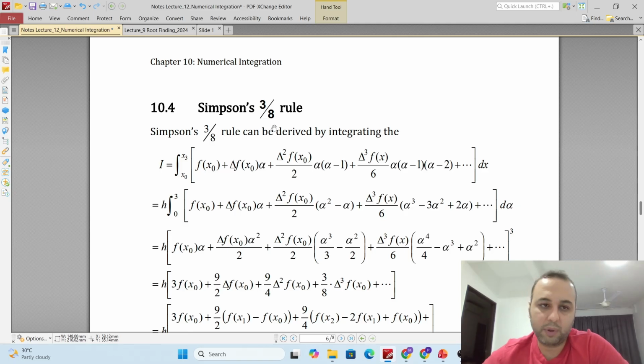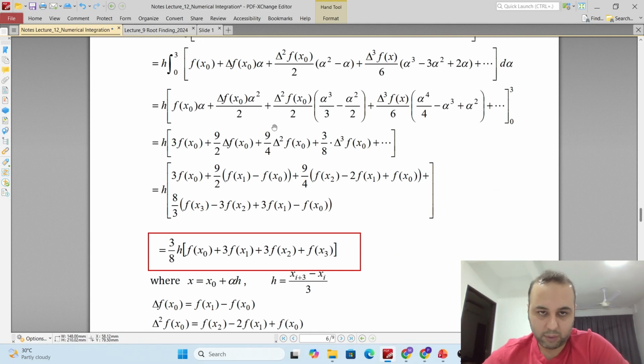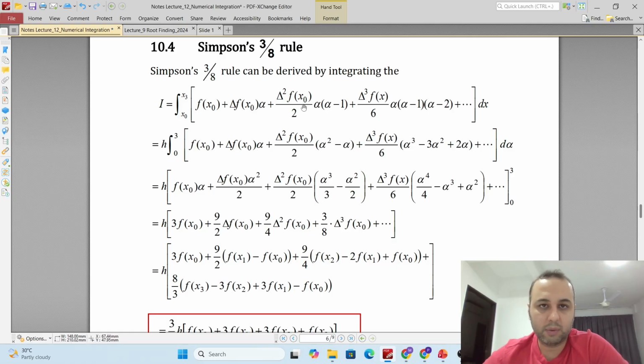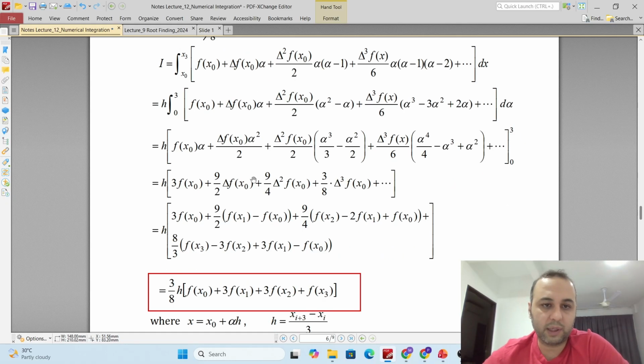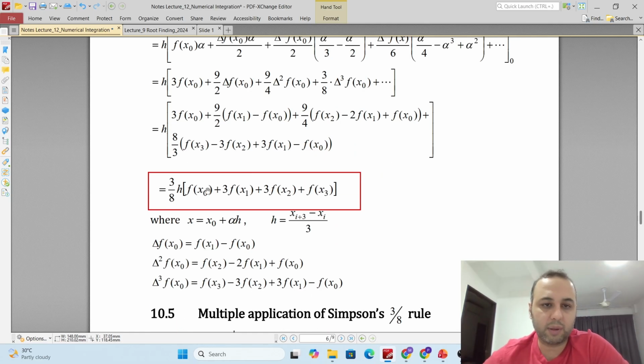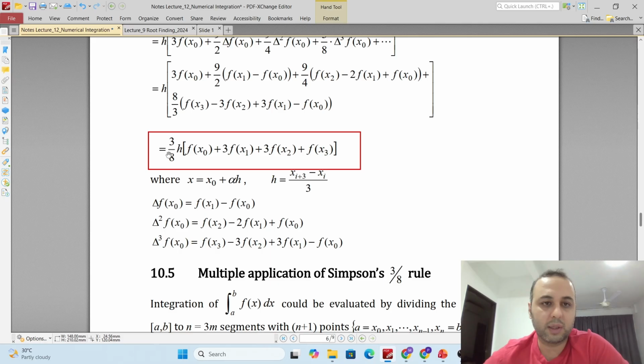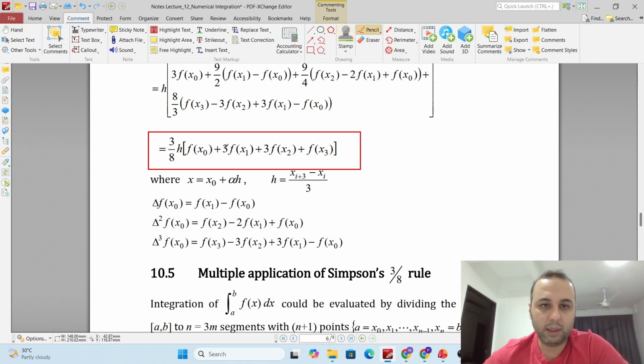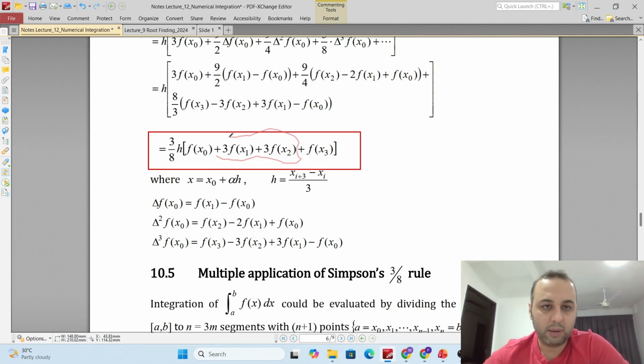Simpson's another rule, 3/8. After applying the proof in the mathematical way, we'll have this formula. This is the final formula that we need. This is what we need. 3/8 h. As you can see, in the middle we have the coefficient 3 fx1 plus 3 fx2, and the beginning and end of the interval we don't have a coefficient, we don't have means 1 times, 1 times.